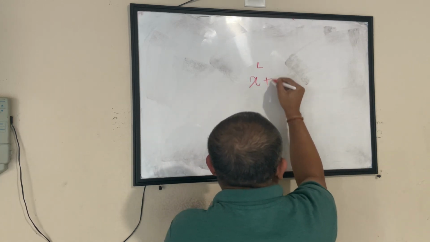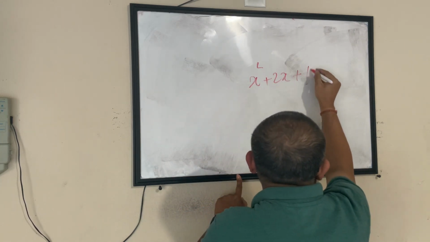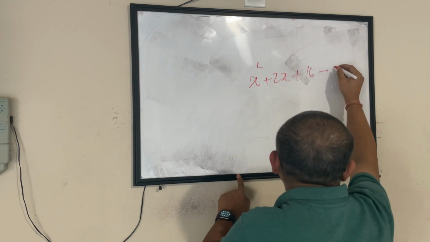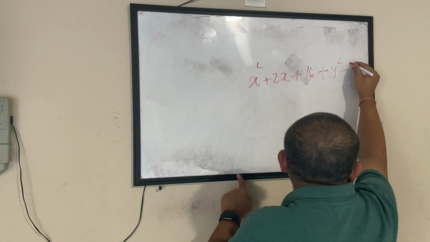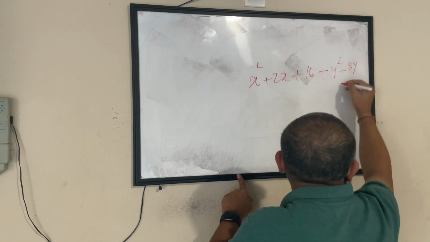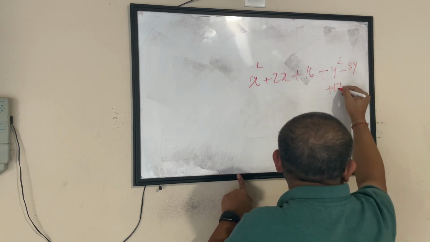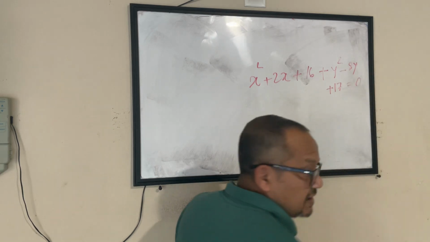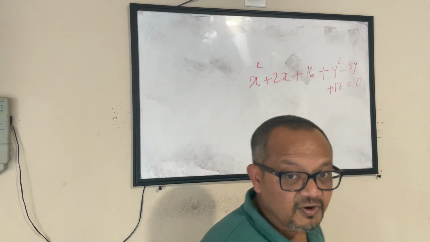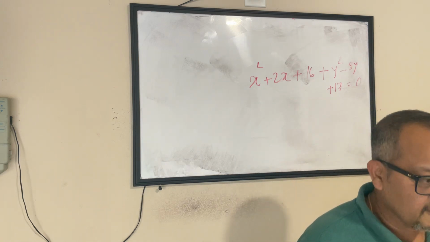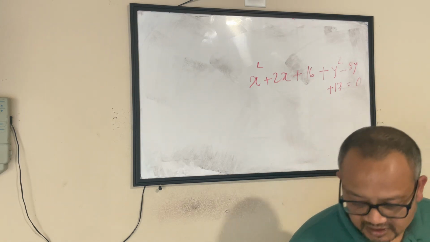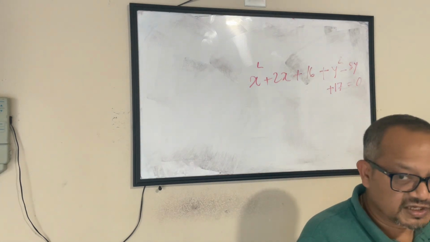So if we have some equation like x² + 2x + 16 + y² − 8y + 17 = 0, we'll have to juggle with that to solve it. And that is what we'll do in the class tomorrow, and then we'll pick up another topic as well.